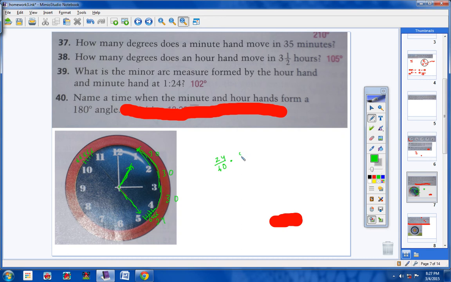That would give you 2 spaces, and that would take 12 away. Yeah, that's exactly right. So that's really being technical: 24 over 60 times 5 gives you 24 over 12, which is 2.